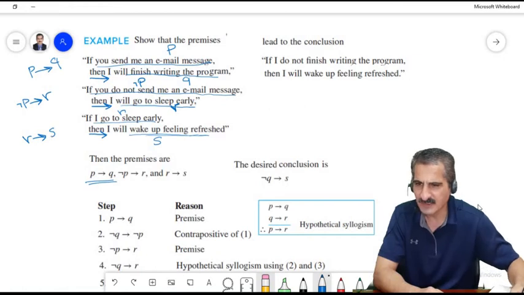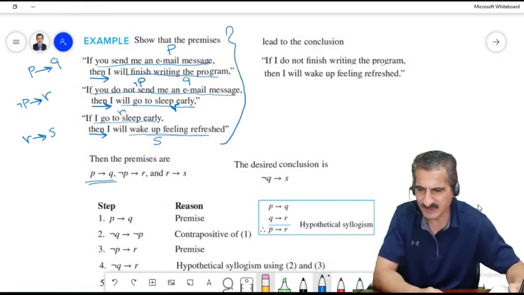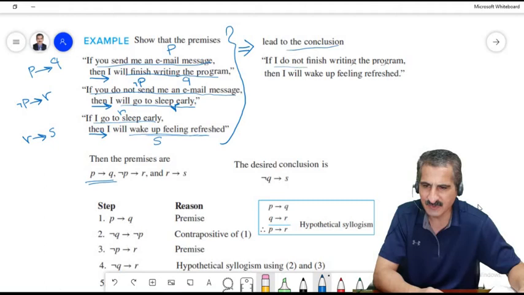Okay? All these premises, we want to show that they will lead to the following conclusion: if I do not finish writing the program. Okay?